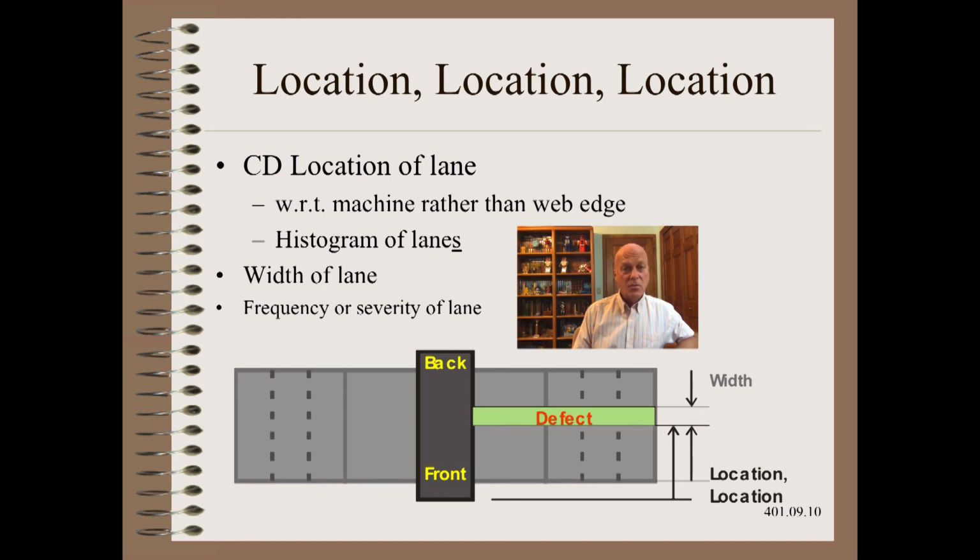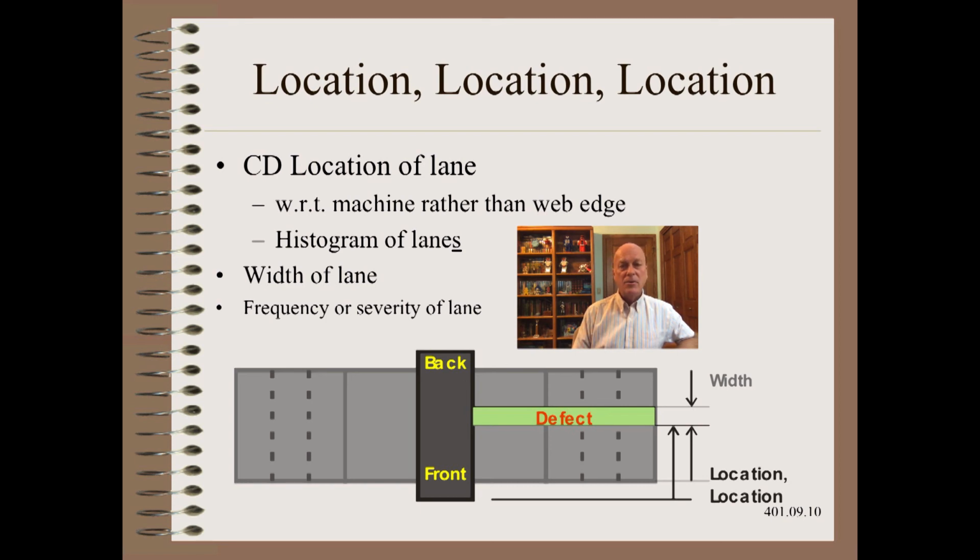Let me close with one last observation. Actually, more of a critique of a common problem-solving technique. All too often, people focus on when a problem appeared and when it didn't, or how severe it was. This is a very weak technique. For defects that favor lanes, which is the great majority, location is the number one problem-solving attribute.